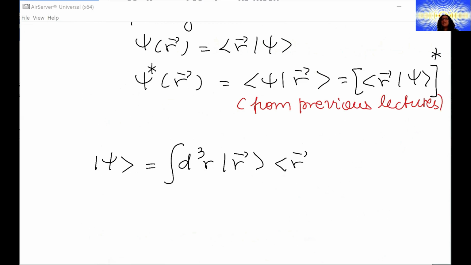So what you can see is that in this vector, you have this spanning set |r>, and you have these things which are like the components we have defined.